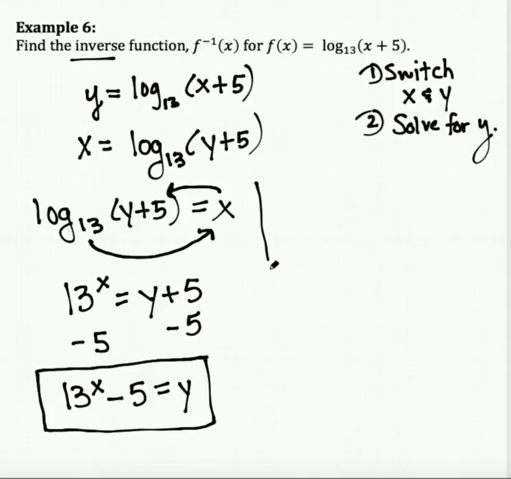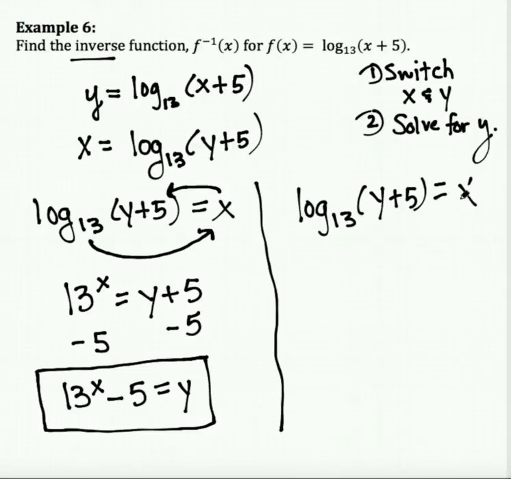Now I want to show you another way, okay, that works equally the same. So log base 13 of y plus 5 is equal to x. I know that if I have log base 13, if I have 13 raised to that power, they're going to undo each other. So I'm going to have 13 raised to each side.